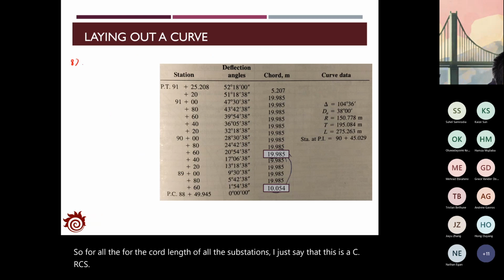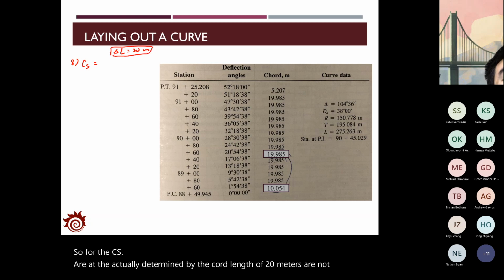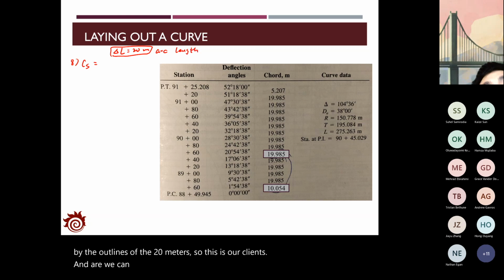The CS is actually determined by the arc length of 20 meters. So this is the arc length. And we can then apply the same method to find out the chord length.